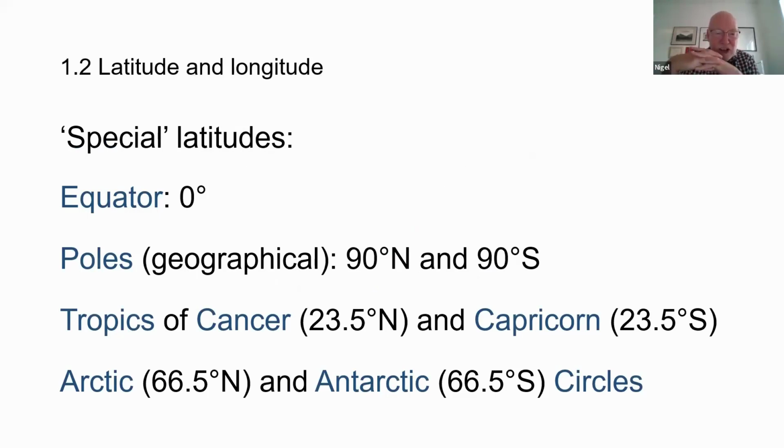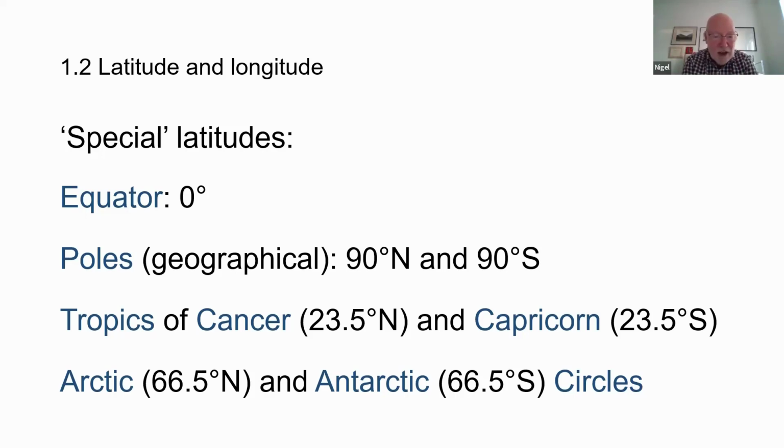Now, there are some very special latitudes that we need to know. And here's where the geography is now beginning to merge with the astronomy. The equator has a latitude of 0 degrees, as we've just seen. So the geographical poles are at 90 degrees north and 90 degrees south.